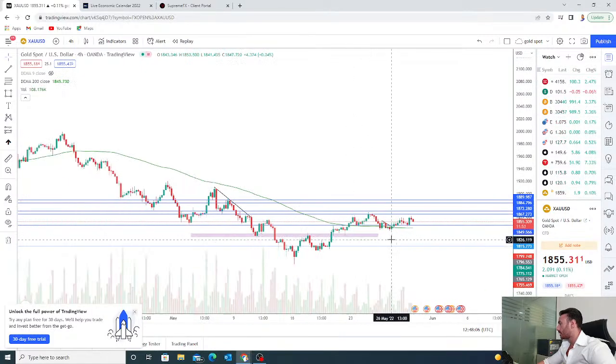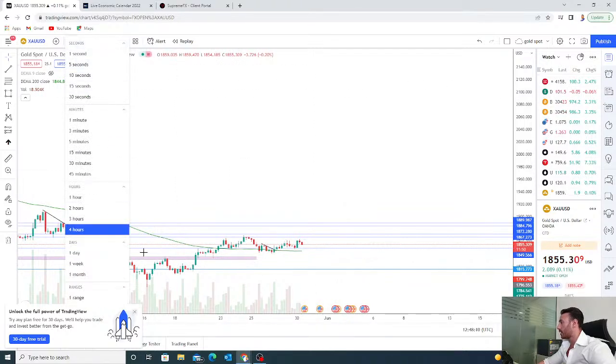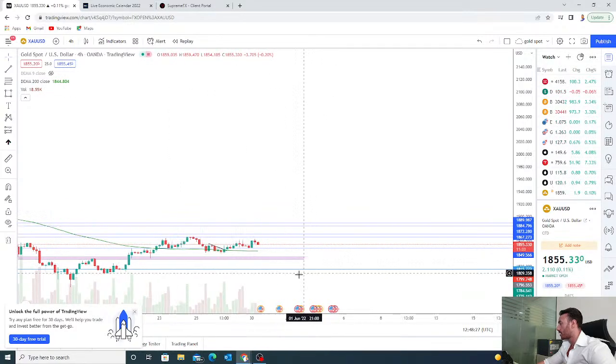And then again on a smaller time frame, I will keep it extended so we see it on a smaller time frame, right over here, which was previous resistance, and then it became support. You can see it bounced from here.